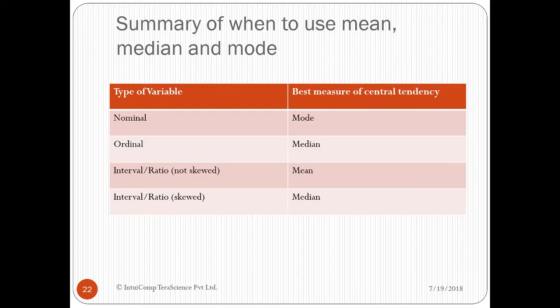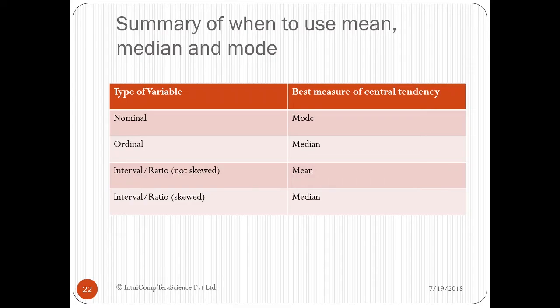Summary of when to use mean, median and mode. Following is the summary of when we use each central tendency according to the dataset provided. If the type of variable is nominal or categorical, then mode is preferred.